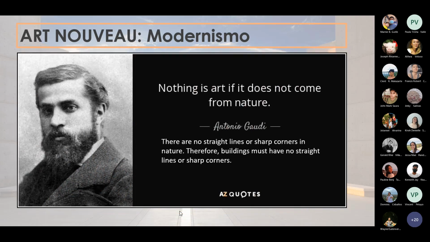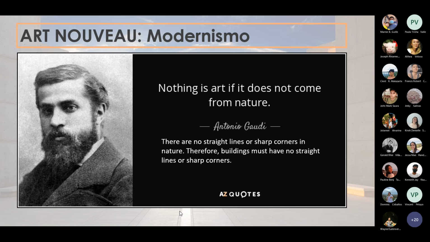So another quote from Gaudi. In modern architecture, many of these quotes even come out in board exams, the sayings of famous architects, or what we call starchitects. Gaudi also said that there are no straight lines or sharp corners in nature. Therefore, buildings must have no straight lines or sharp corners.